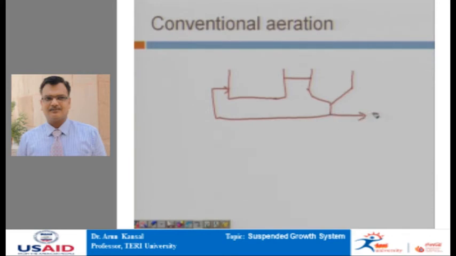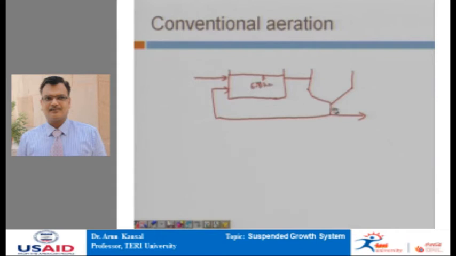Wasting means it is going to the anaerobic digestion for further biological stabilization or to the sludge dewatering unit. Both the effluent, that is the settled wastewater after the primary settling tank, and the recycled sludge enter the head end of the aeration tank, and here the entire system is aerated for about 6 to 8 hours of duration.